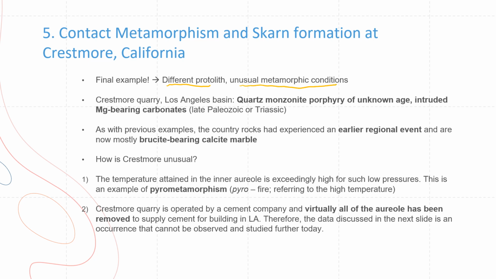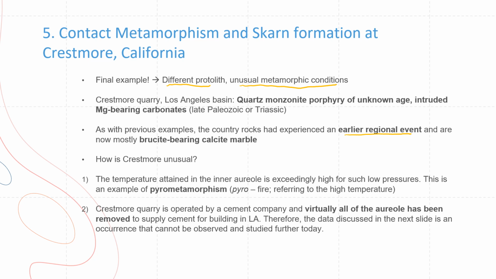So, the Crestmore Quarry is part of the Los Angeles Basin, which is made of quartz monzonite porphyry of an unknown age, which has intruded into magnesium-bearing carbonates. Could be about late Paleozoic or Triassic. So as with previous examples, the country rocks here have experienced an earlier regional event and are now mostly brucite-bearing calcite marble. So, how is Crestmore unusual?